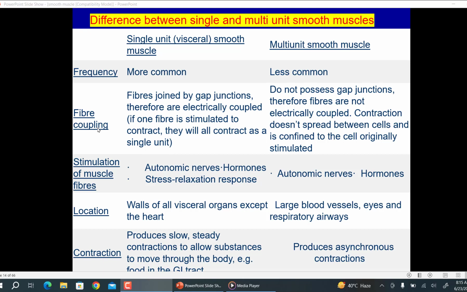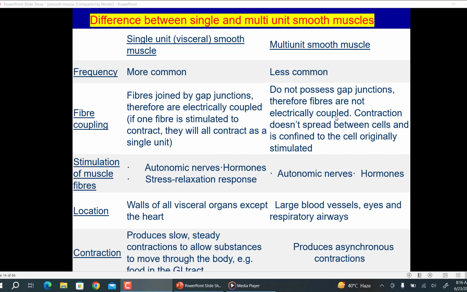Fiber coupling: in single unit, fibers are joined by gap junctions, therefore are electrically coupled. If one fiber is stimulated to contract, they will all contract as a single unit syncytium. In this single unit smooth muscle, we have many gap junctions, so they contract as a syncytium, and multi-unit have less or very few gap junctions.